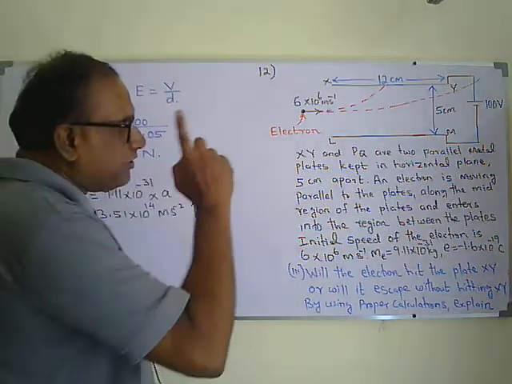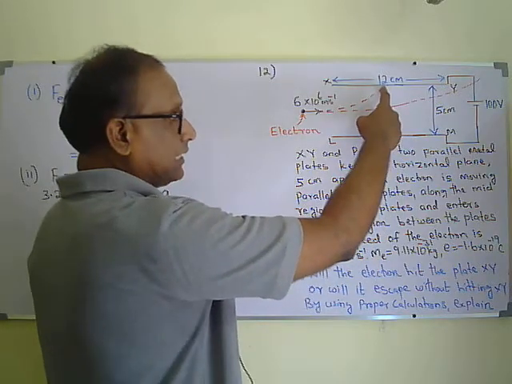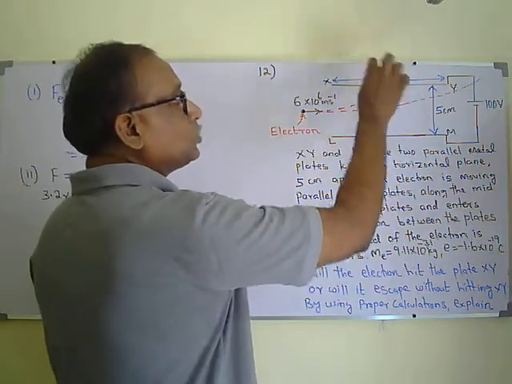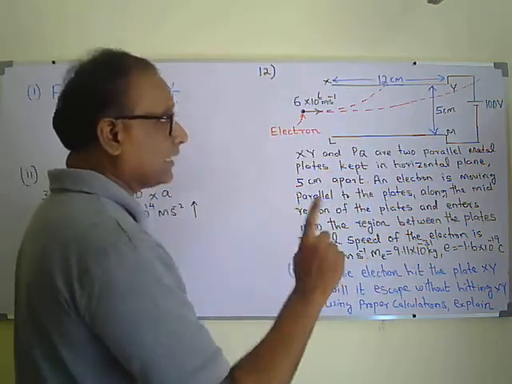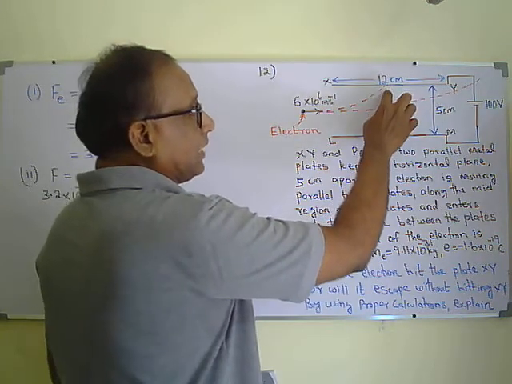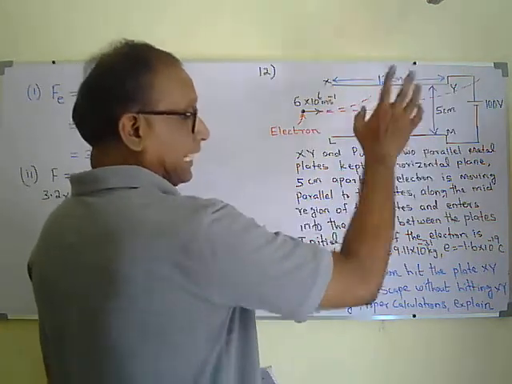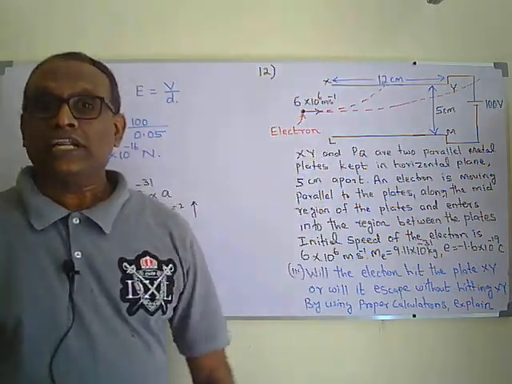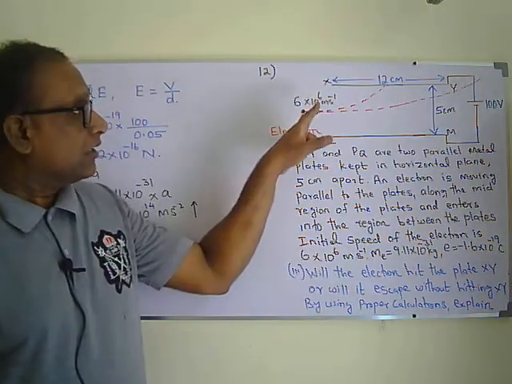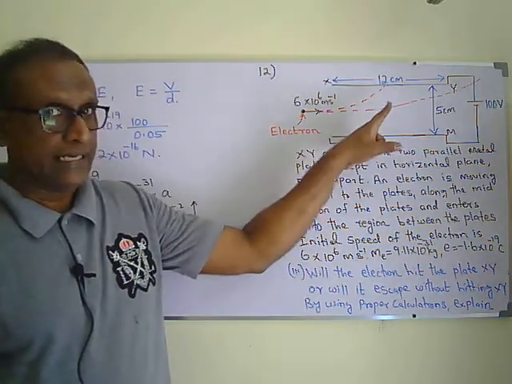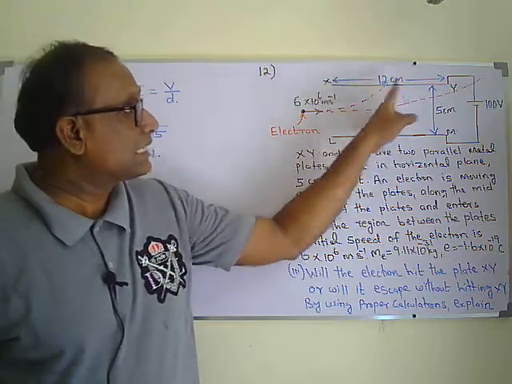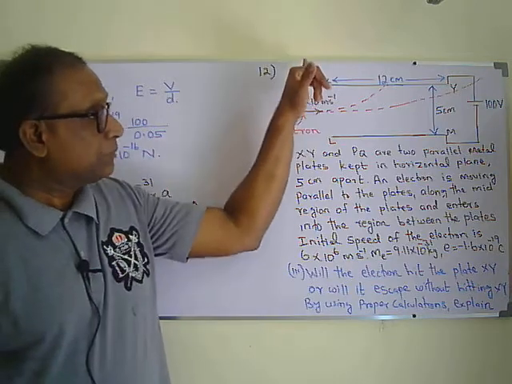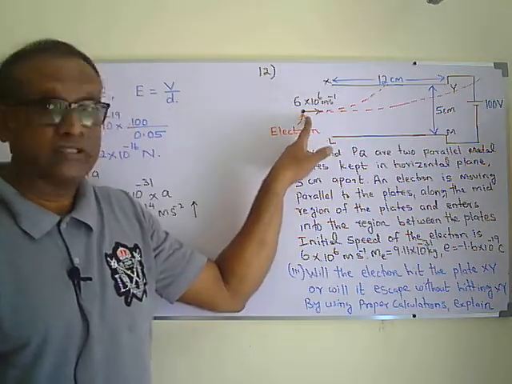If it hits the plate, that means the horizontal displacement it completes is not equal to 12. If the electron hits the plate somewhere here, at point N between X and Y, then it completes two different displacements. The first, parallel to the plates, will be less than 12 centimeters, and the displacement towards the plate will be half the separation, because it's moving along the mid region.